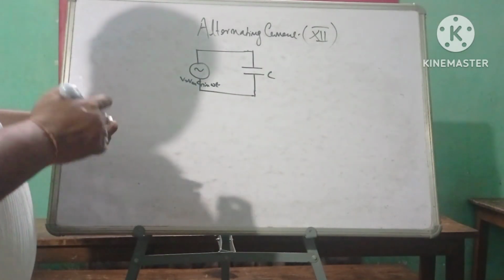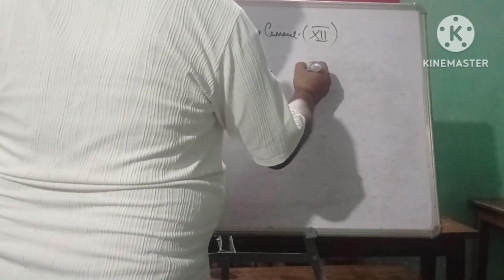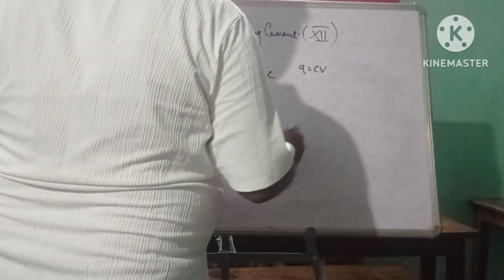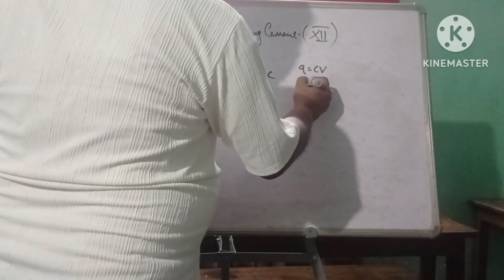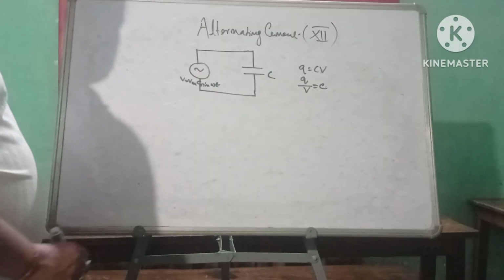So for my capacitance, you know that Q is equal to CV, so Q by V is equal to C. You know this about capacitance.